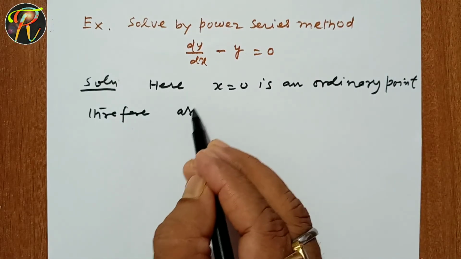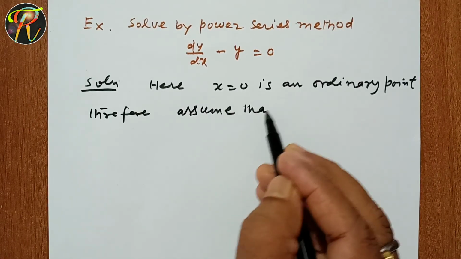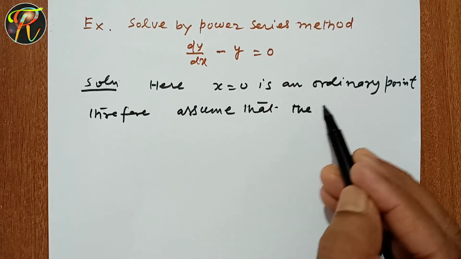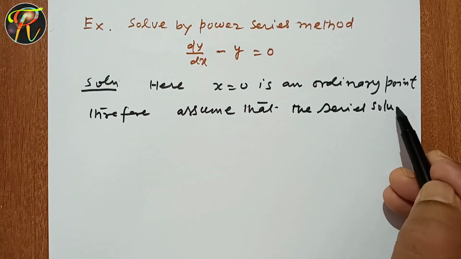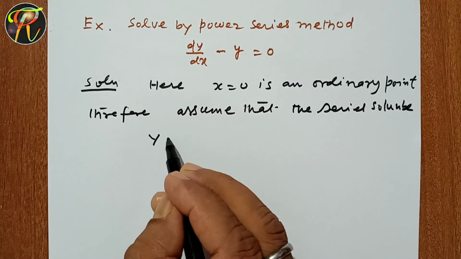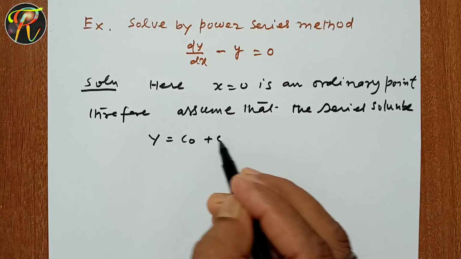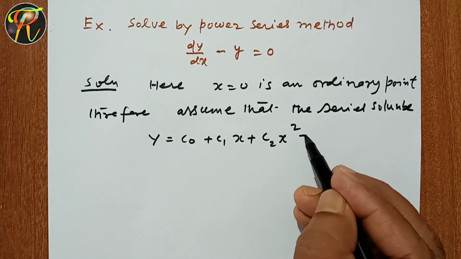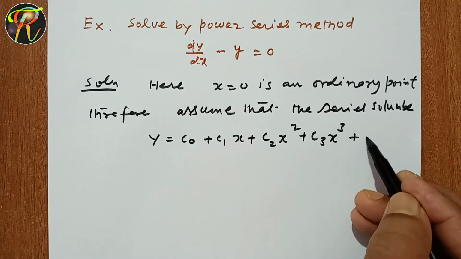Assume that the series solution be y is equal to c0 plus c1x plus c2x square plus c3x cube plus up to so on.